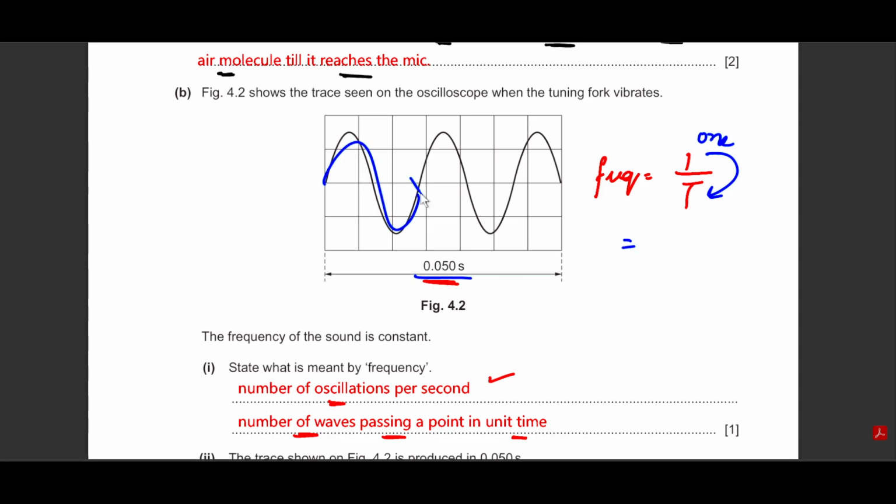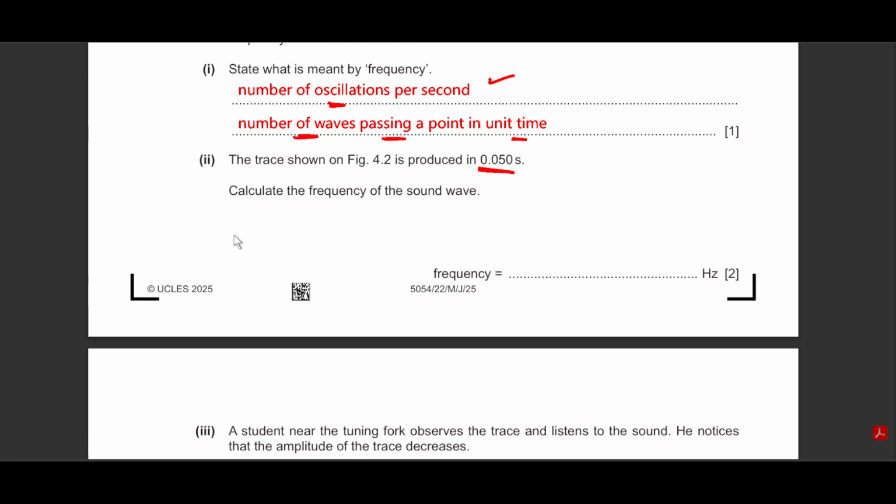So this is 1 complete wave, 2 complete waves, and 2.5 complete waves. This will be 2.5 waves in a time frame of 0.050 seconds. This will come out as 50 hertz. Hertz is the unit for frequency. So that's what we're going to write down here. I've already solved this for you up top.